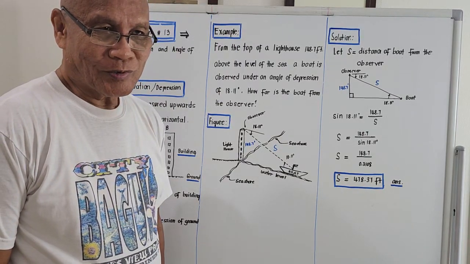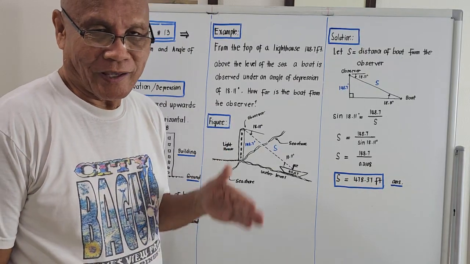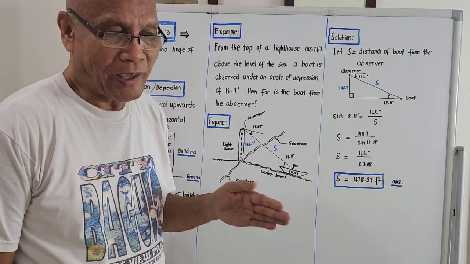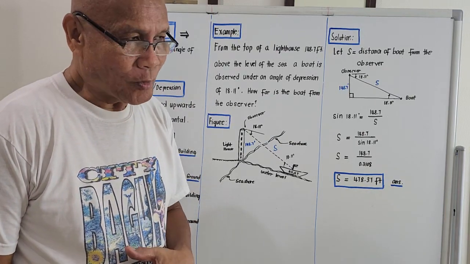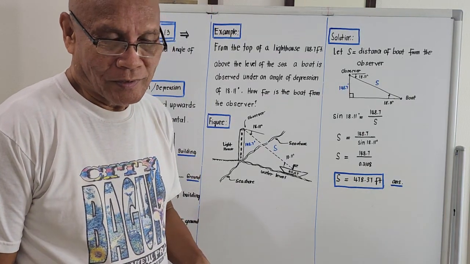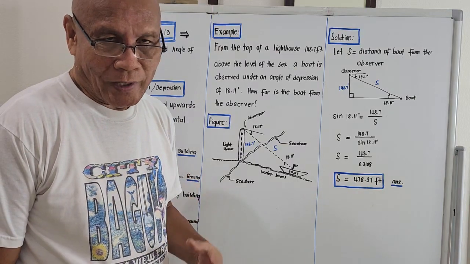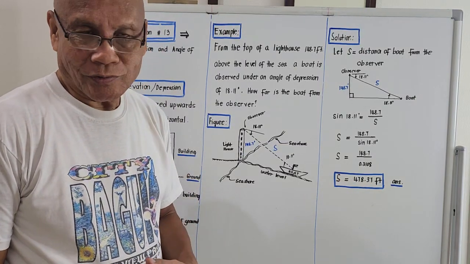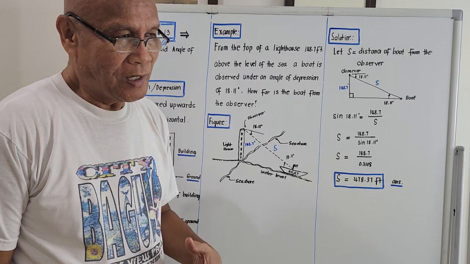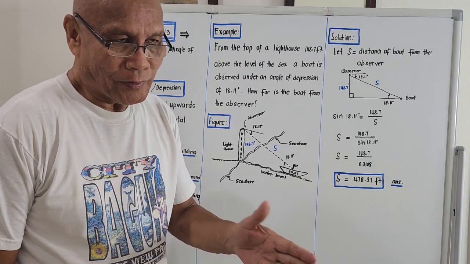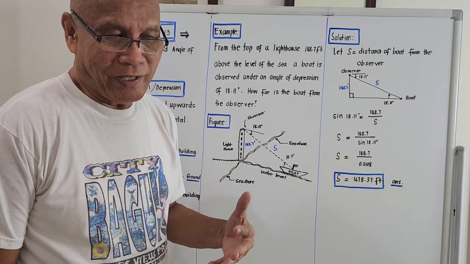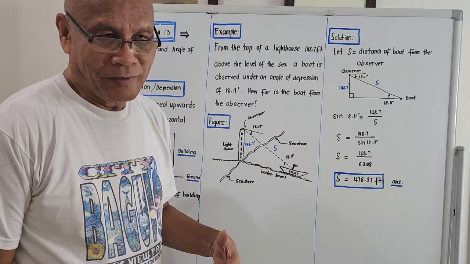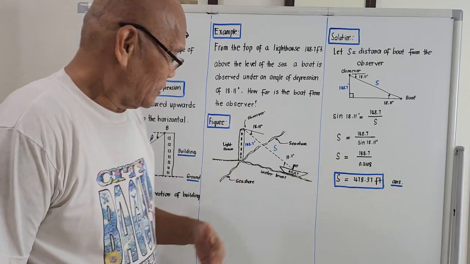Tonight I will be discussing angle of elevation and angle of depression, because these words are incorporated in some verbal problems. Without knowing angle of elevation or depression, or how to plot a bearing of a point or a line, there's a problem with the solution of the problem. Okay, let's proceed.